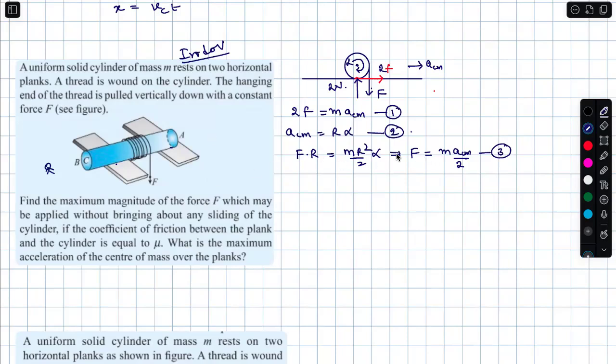Now you have F, and everything is available for you. Now the question starts like this. First equation, second equation, third equation.